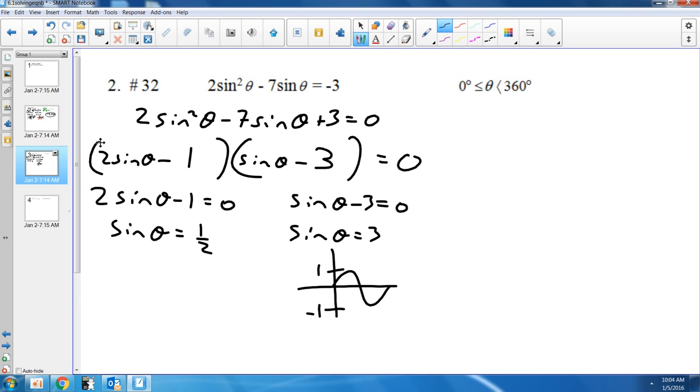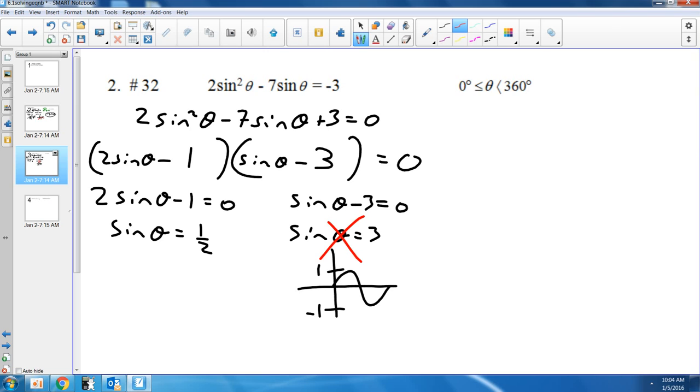In other words, the range of the sine graph is -1 to 1. The sine theta can never equal 3 because it's out of the range of that graph. So I'm just going to take this one and cross it off because your theta does not exist to yield the sine theta of 3. Then I only have to deal with this one.